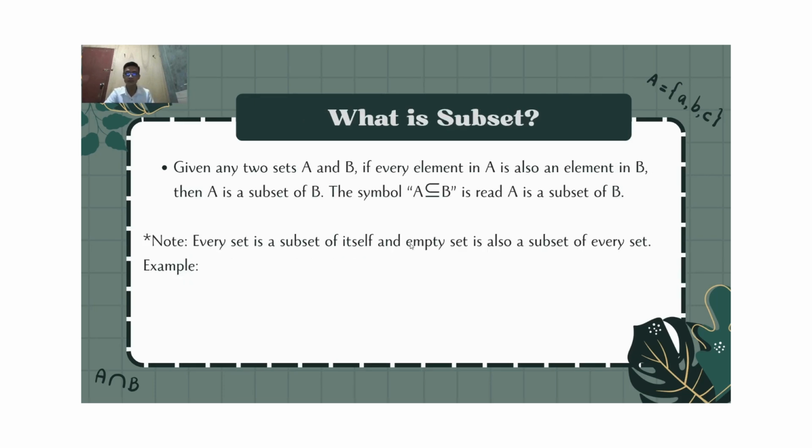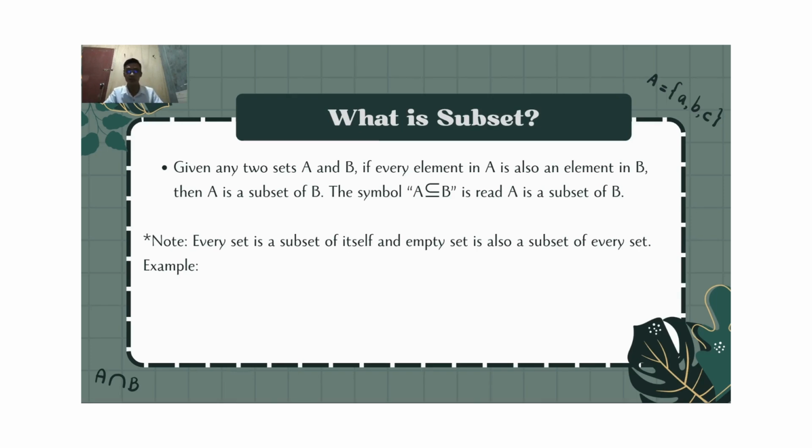Now, what is a subset? Given any two sets A and B, if every element in A is also an element in B, then A is a subset of B. The symbol used for subset looks like a U with a line under it.